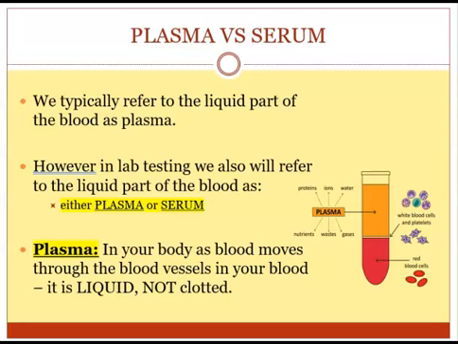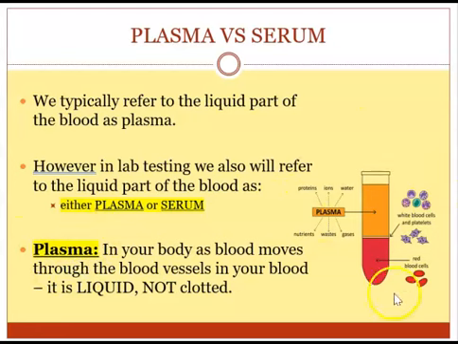Okay, so remember that. So let's take a second and look at the image that's on the right hand side of this slide. Let's think about if we take a patient's blood, let's take a sample from a patient, and we collect it in a tube that's got an additive that doesn't allow the blood to clot. So if it doesn't clot, it's not clotted, then the liquid portion is going to be plasma.